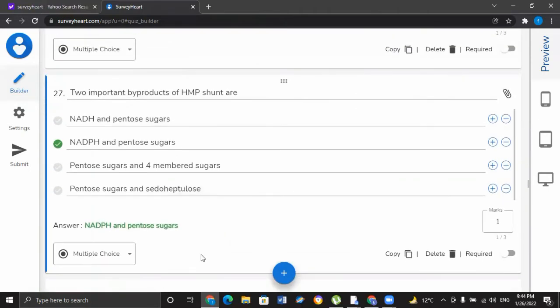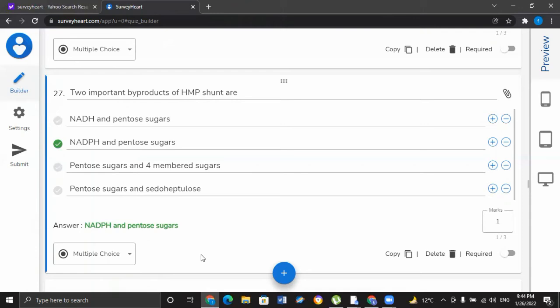Two important products of HMP shunt are: the hexose monophosphate pathway shunt is a cyclic pathway which involves synthesis of pentose sugars as well as NADPH.